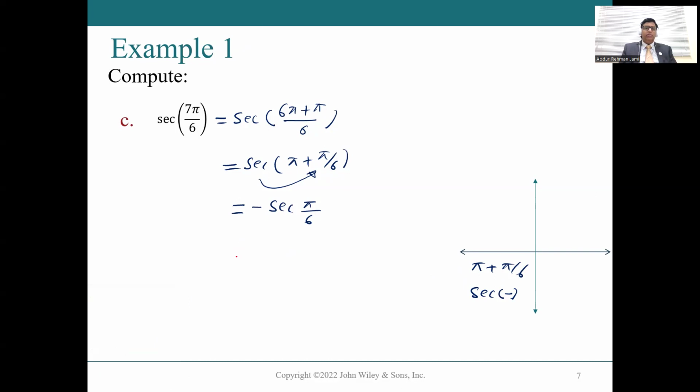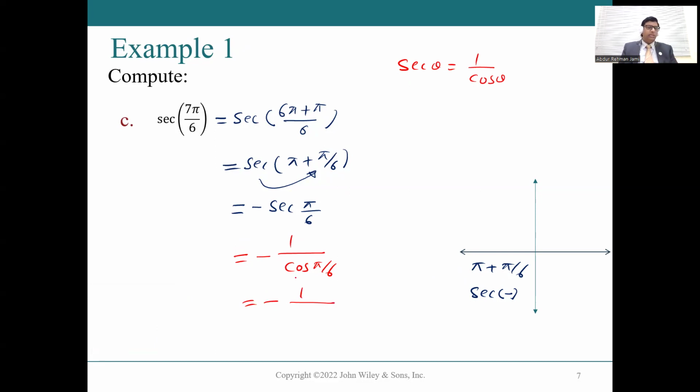Now, furthermore, we can use the formula for secant. We know secant theta equals 1 over cosine theta. We can write as 1 over cosine of pi over 6. And from the table, you can check the value.